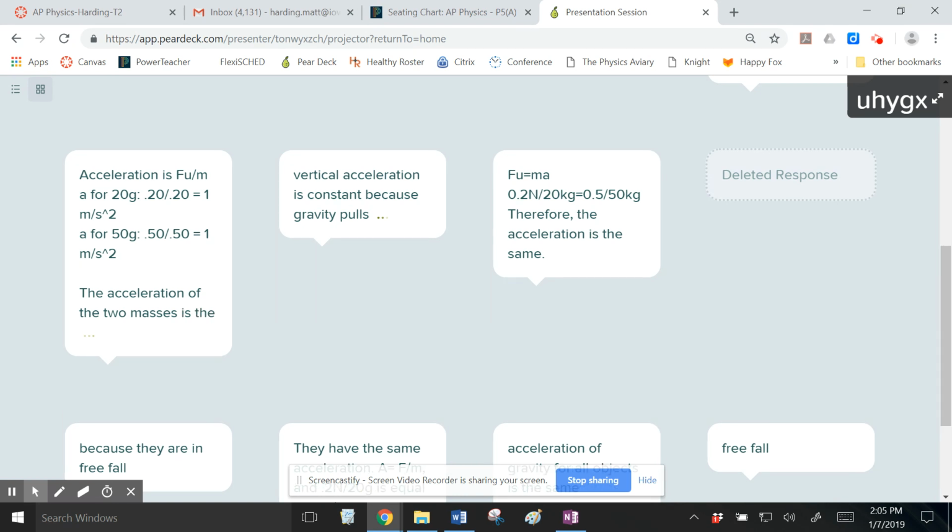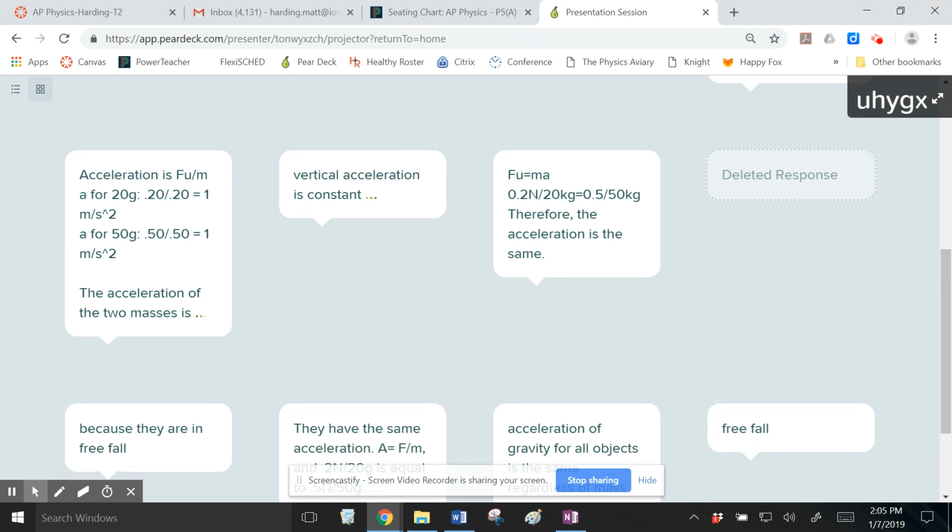Be mindful of how you get from grams into kilograms. Keep in mind there are 1,000 grams in 1 kilogram.